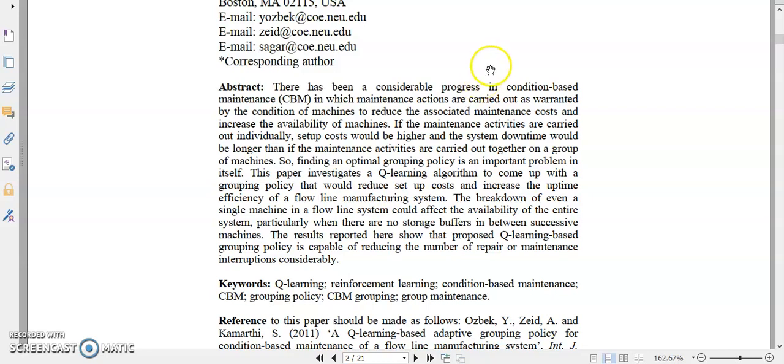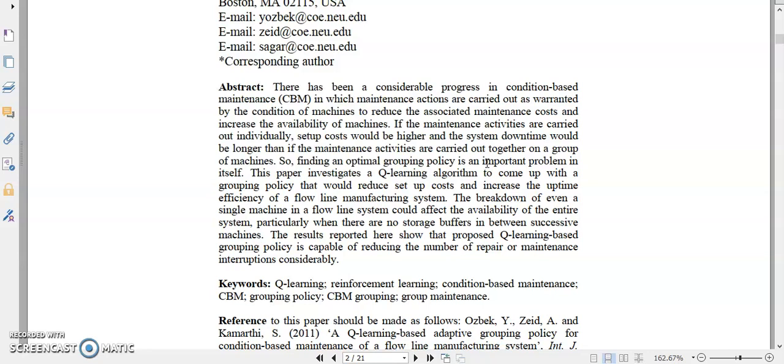So in this paper, they would like to find the optimal grouping policy for the CBM. When we want to have condition-based maintenance, we need to group the machines that need to be maintained, so that whenever we want to do a maintenance process, the machines can be maintained based on their respective conditions.